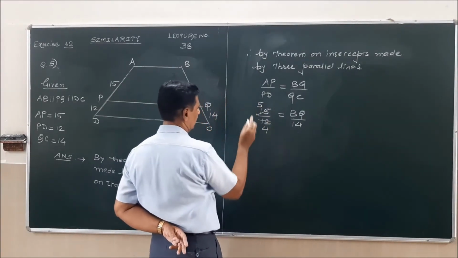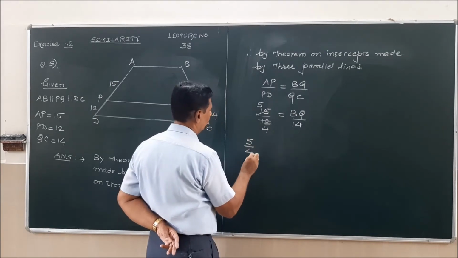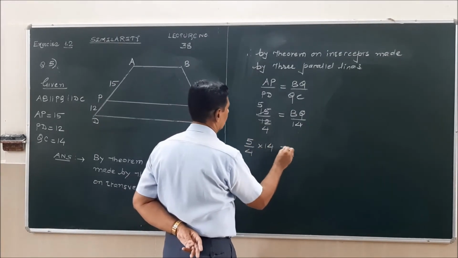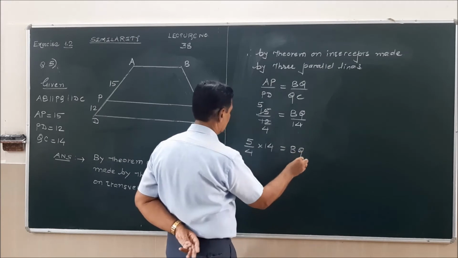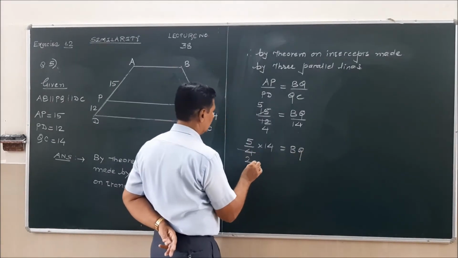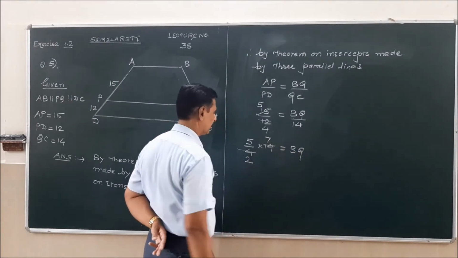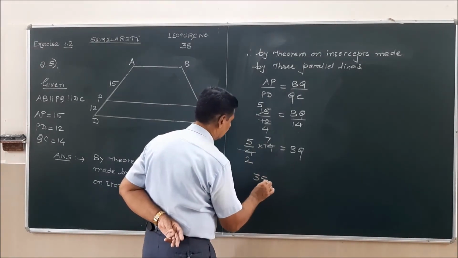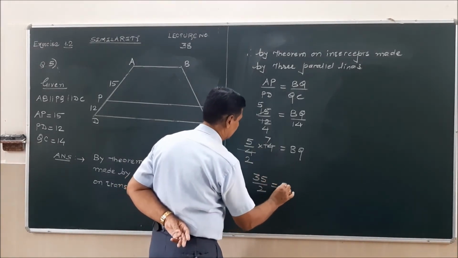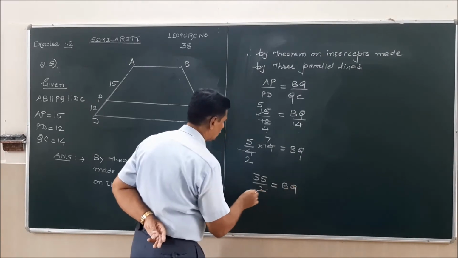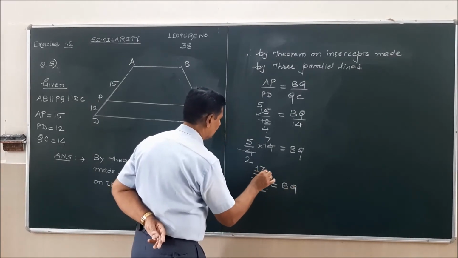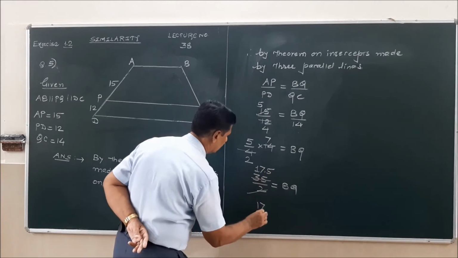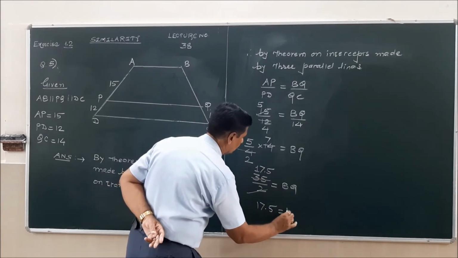Transfer this 5 upon 4 into 14, that is equal to BQ. Dividing by 2, 2 2s are 4, 2 7s are 14, 5 7s are 35 upon 2, that is equal to BQ. 2 1s are 2, 17.5 is equal to BQ.